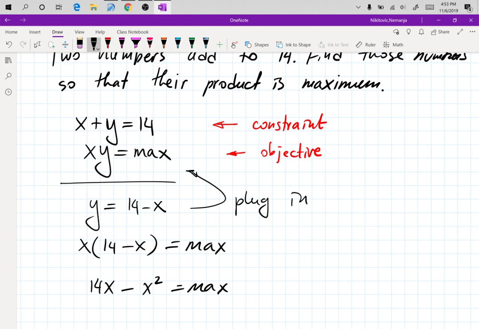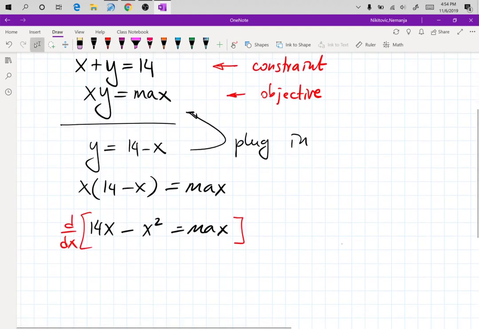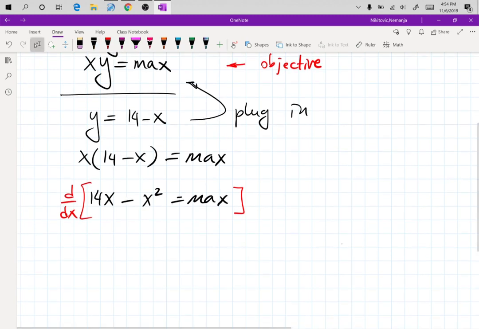Now we know how to look for max. We learned that, right? We take the first derivative. So that's going to be 14 minus 2x equals, now maximum is some number. We don't know what it is, but we know it's a number. So the derivative of that is 0. Derivative of a number is 0.